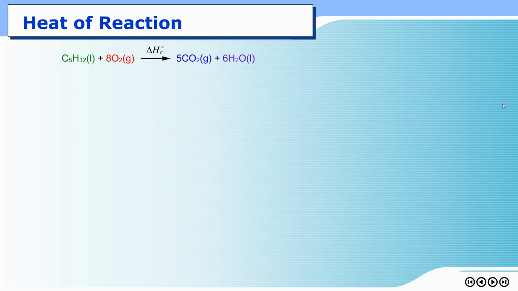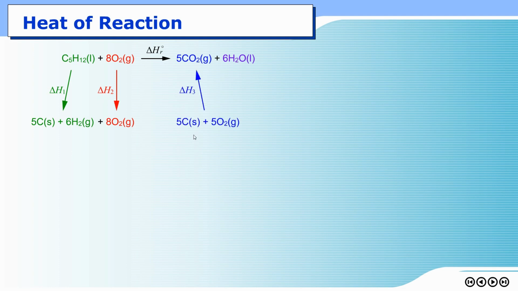If I highlight each component by using a different color, the green one can be obtained. Let's say we can obtain the energy change or enthalpy change associated with the dissociation of pentane to carbon and hydrogen. For oxygen, it remains the same, but I put delta H2 for the sake of completeness.